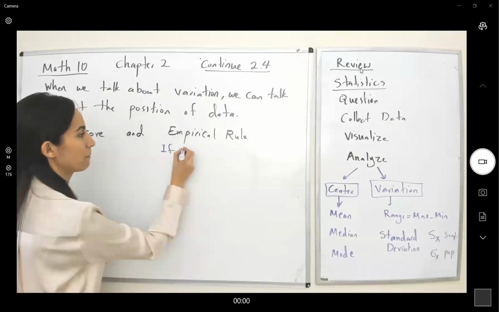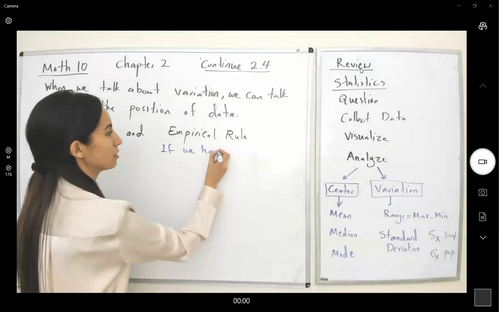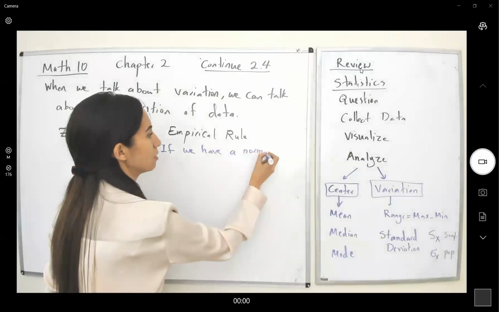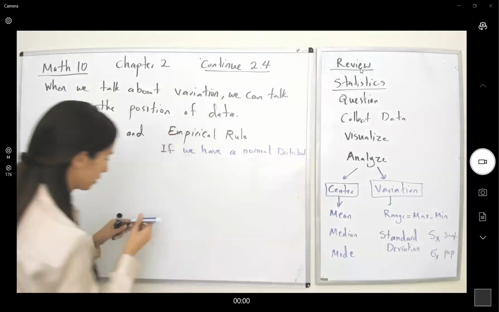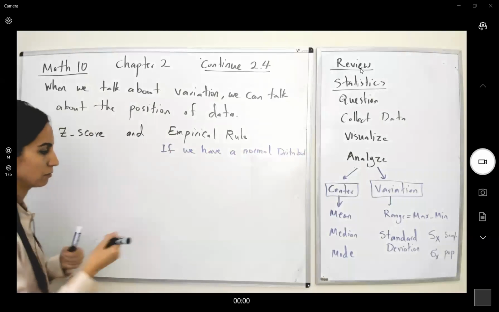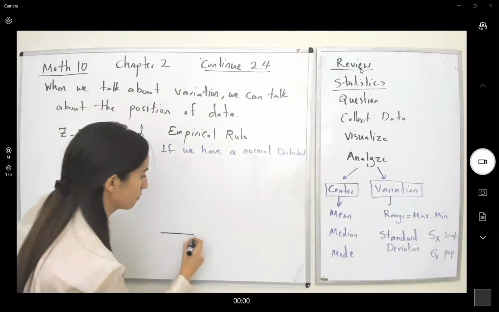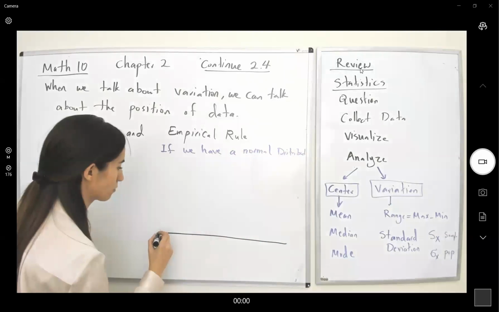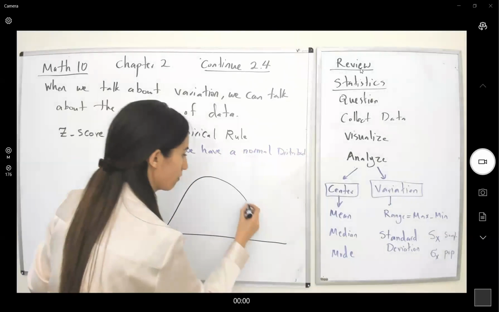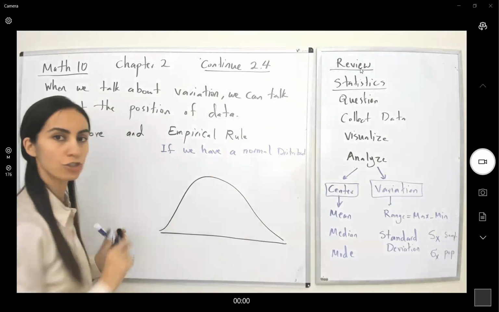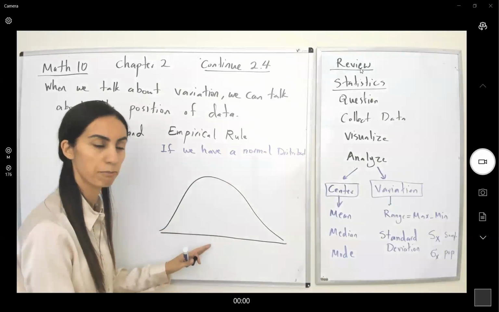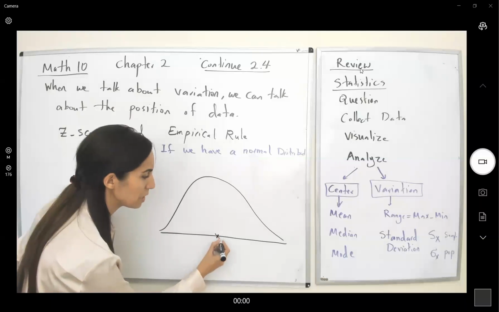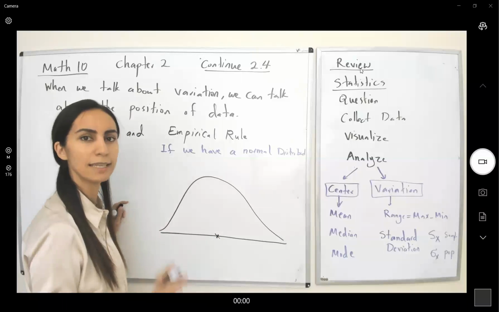If we have a normal distribution like this, a bell curve, remember that when we talked about bell curve, we said that mean, mode, and median are the same.